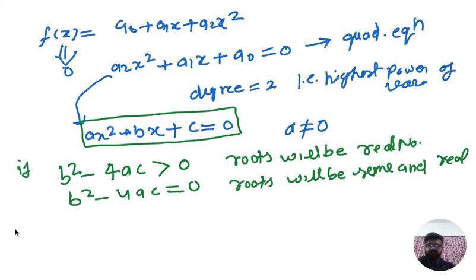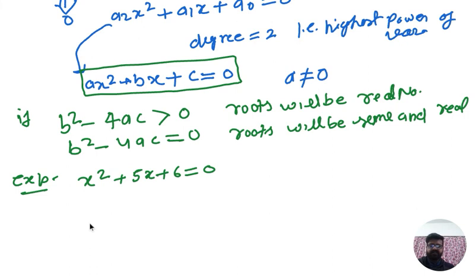For example, let's take the equation x² + 5x + 6 = 0. I will check the nature of the roots of this equation. First, a = 1, b = 5 and c = 6.